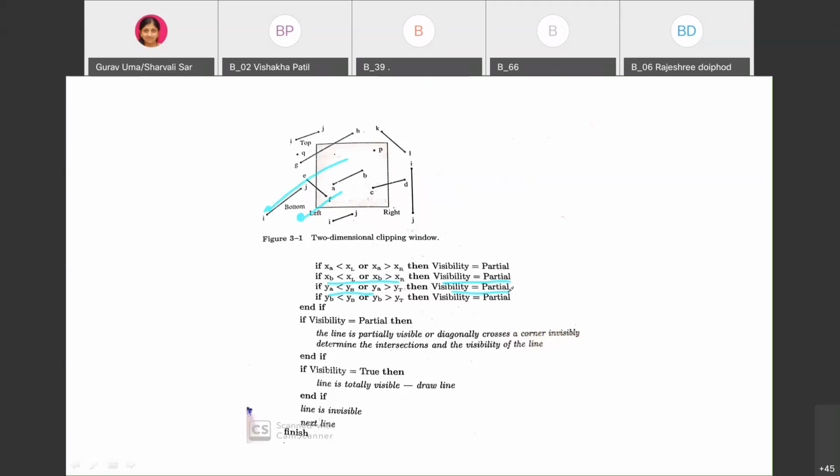Next we have YB less than the bottom or YB greater than YT; then the visibility will be partial.